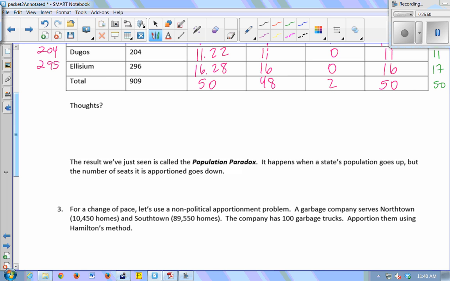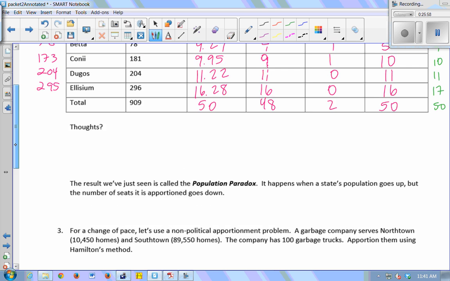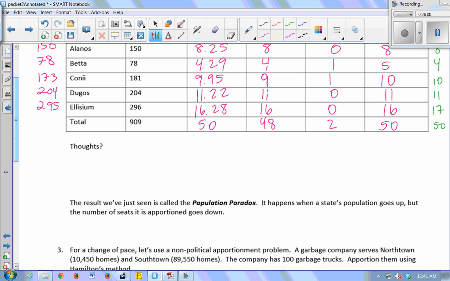So this is a very strange result, and it's called the population paradox. It happens when a state's population goes up, but the number of seats it is apportioned goes down. So this happened to Elysium. Elysium lost a seat even though its population went up.